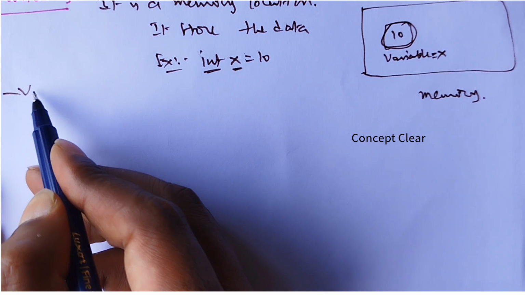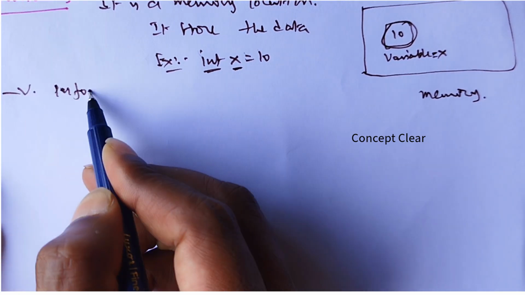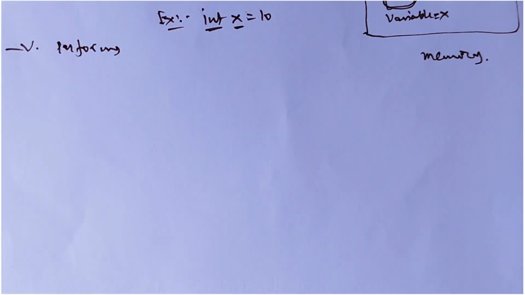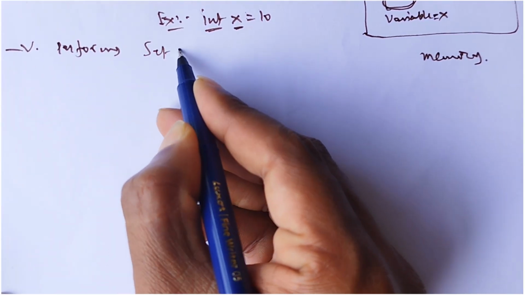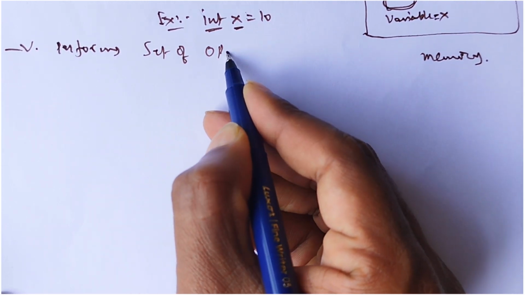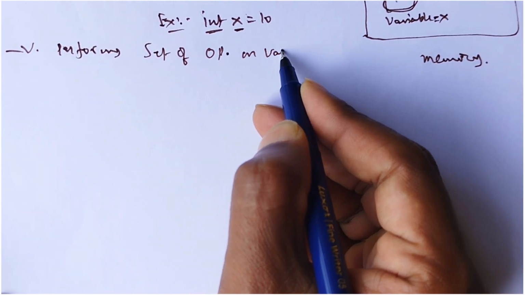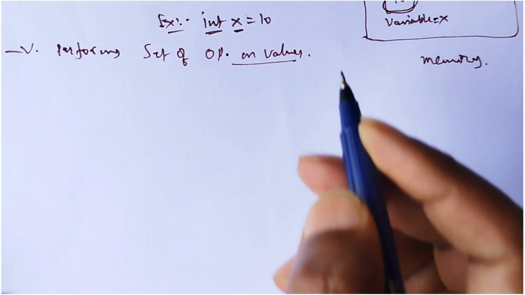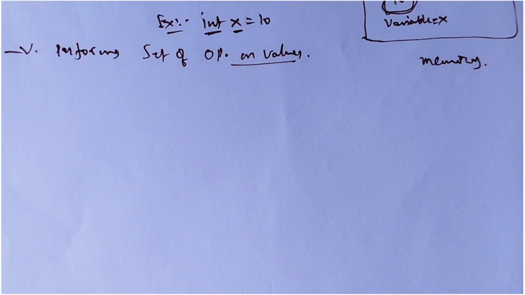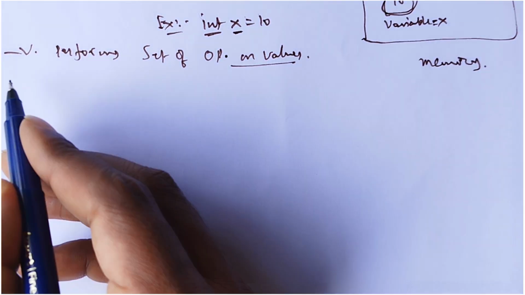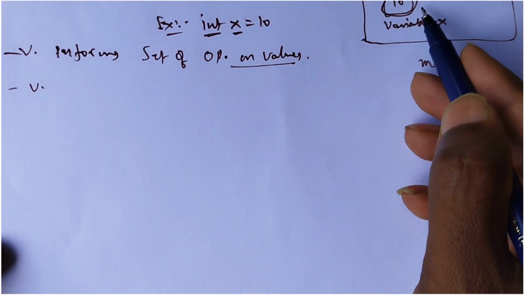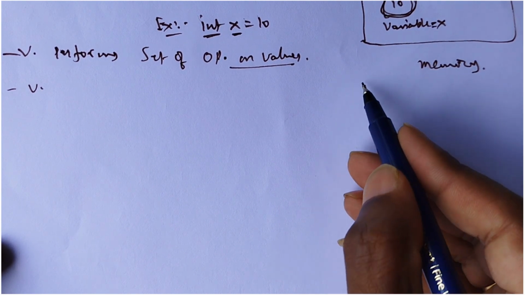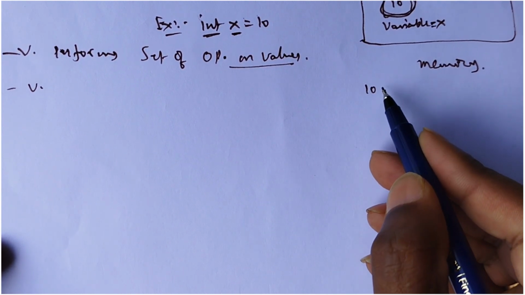Okay, the variable performs a set of operations on values. Variable values can be changed at the time of execution. Initially we stored value 10.